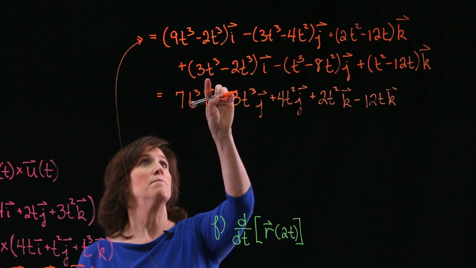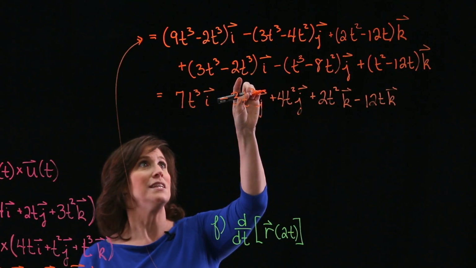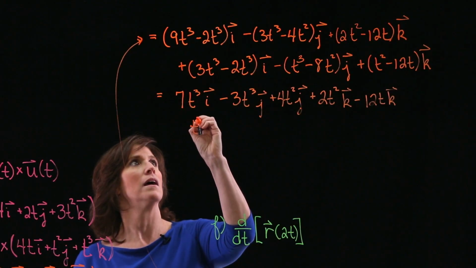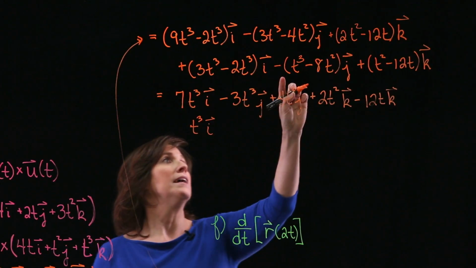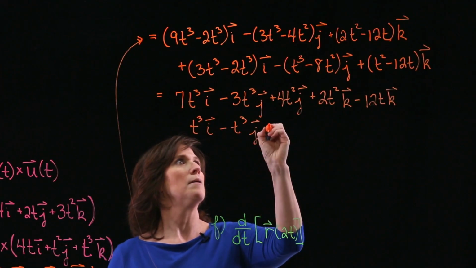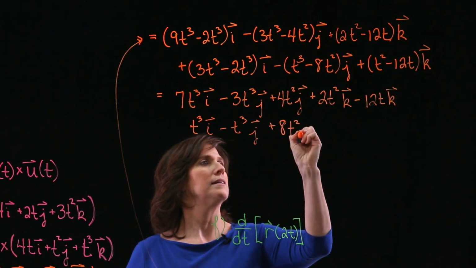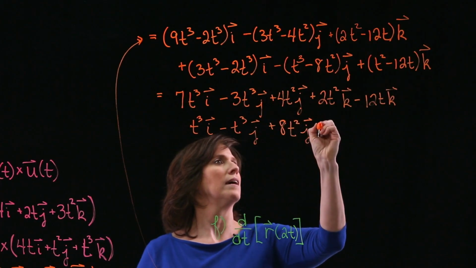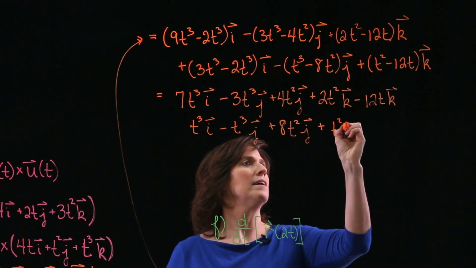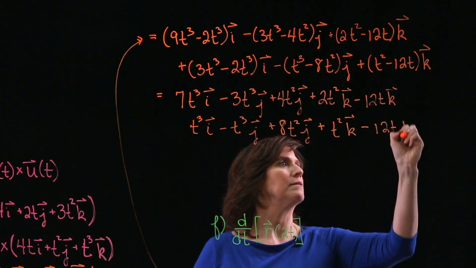Then here I can combine 3t cubed and minus 2t cubed for just a t cubed times vector i. Distributing, I can write this as a minus t cubed times vector j plus 8t squared times vector j. And again, distributing here, I'll have a t squared times vector k minus 12t times vector k.